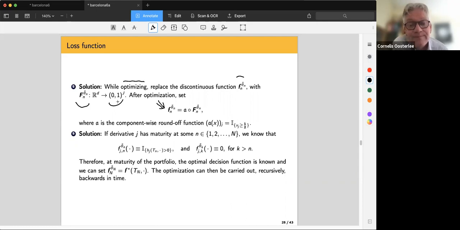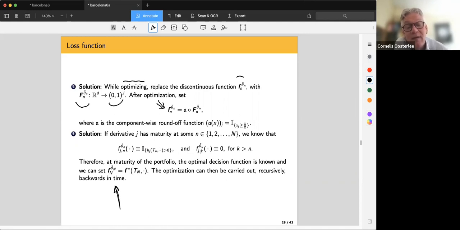Now, the other thing is that we don't know tau star at the new time point. The solution is that we go backward in time. At final time, at maturity, we know that f tilde should be 1 when the payoff is in the money, and 0 otherwise.